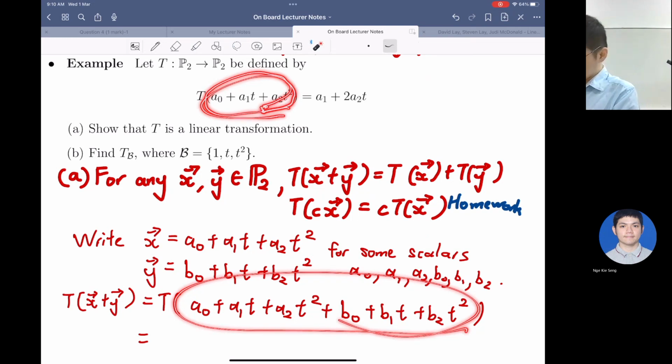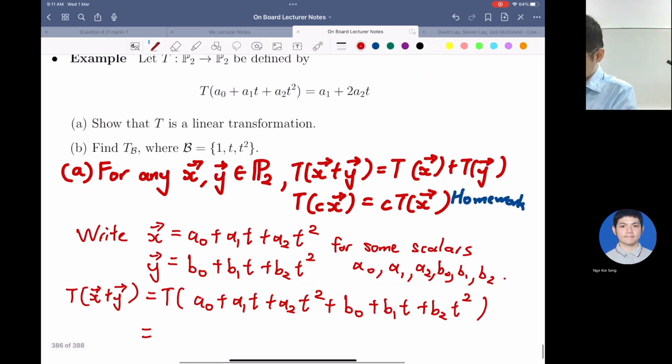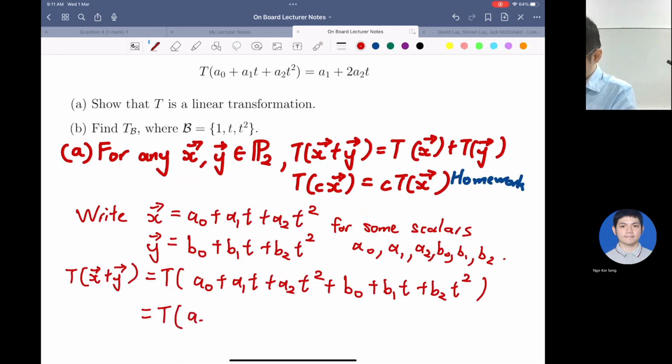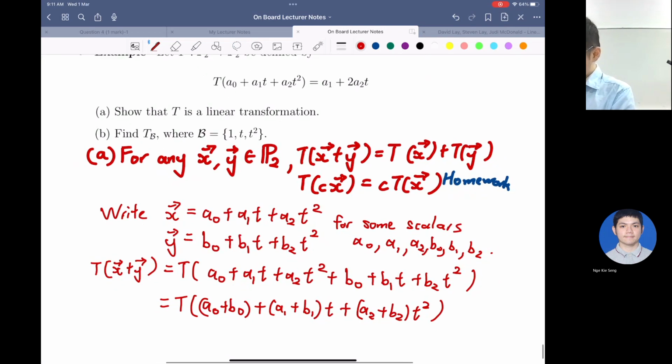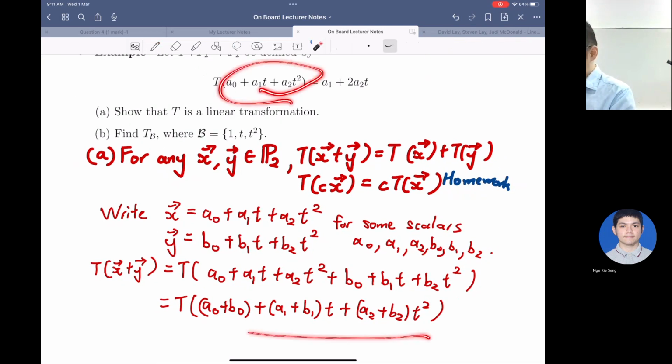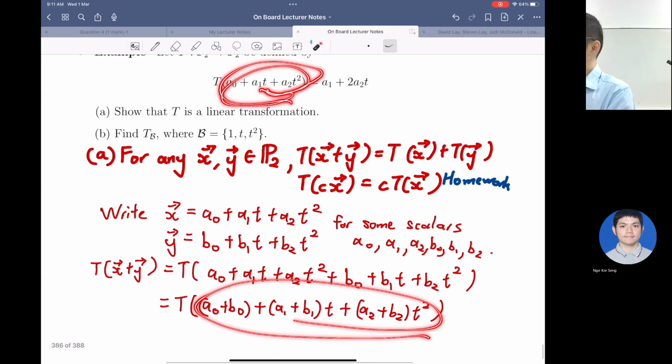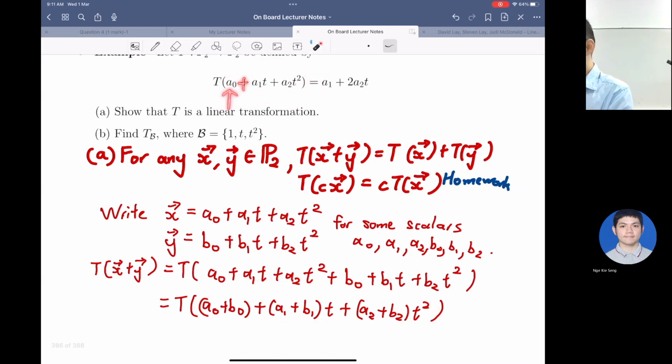That means you need to factorize first: (a0 plus b0) plus (a1 plus b1) t plus (a2 plus b2) t squared. Only now can you see it is some constant plus some constant times t plus some constant times t squared. From now on you can apply T.